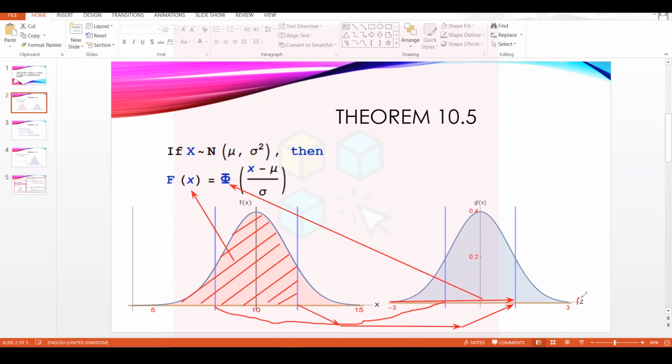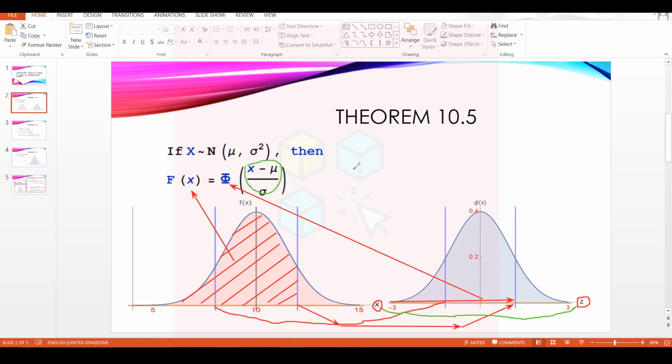This is our z line and this is our x line. So x is converted into z, and this conversion holds by this formula.